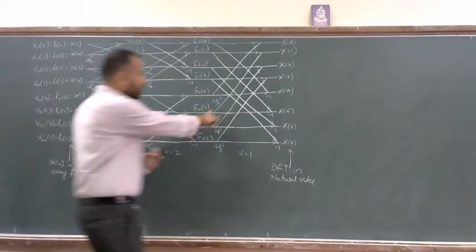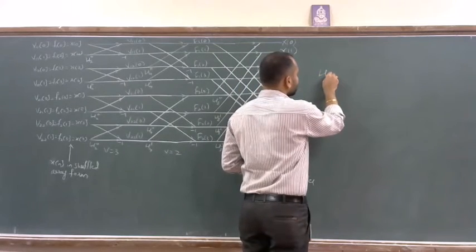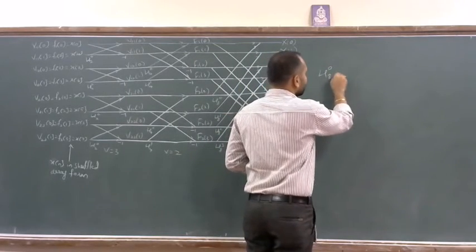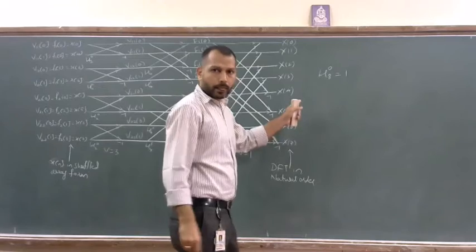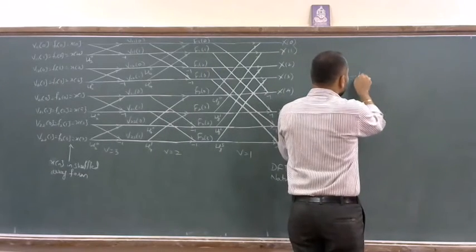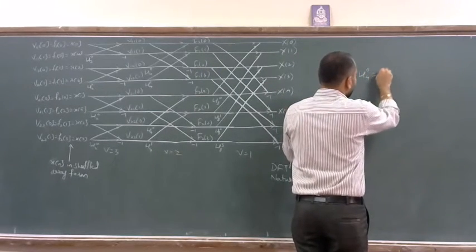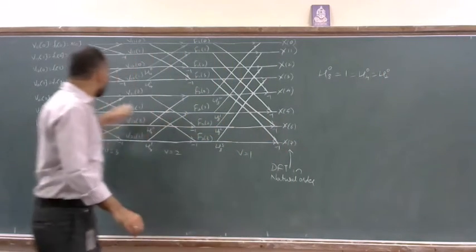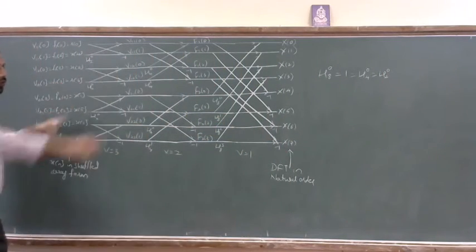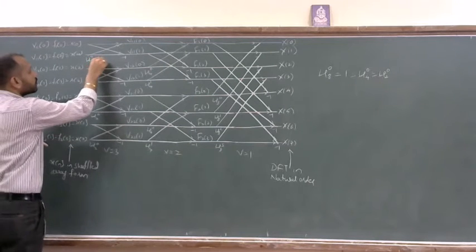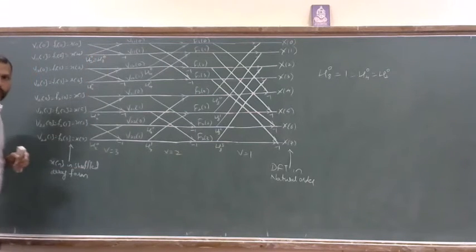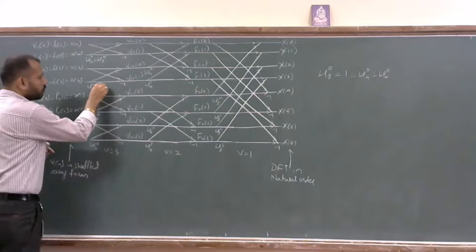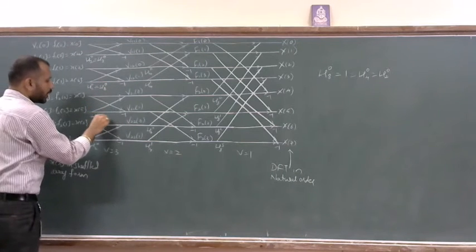Now what is the value of W40 or W80? W80 is 1. Likewise, W40 is also 1 and W20 is also 1. So instead of W20, we'll be using its equivalent value, that is W80. W20 will be equal to W80.